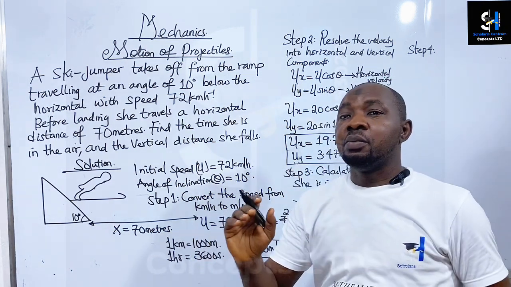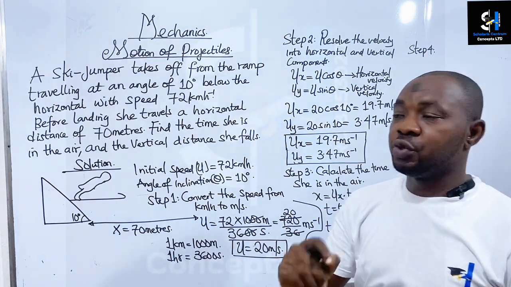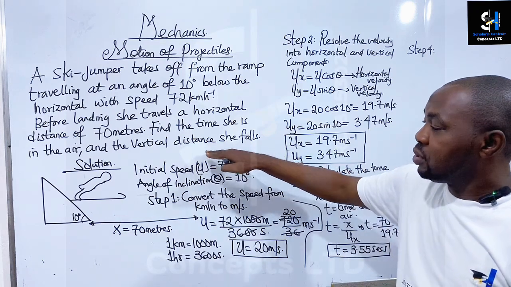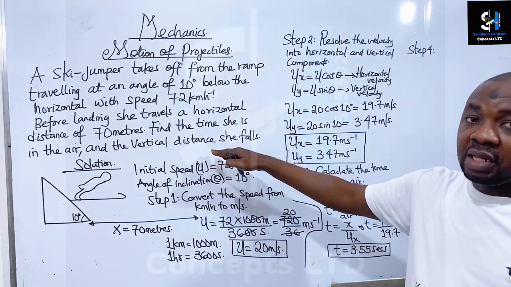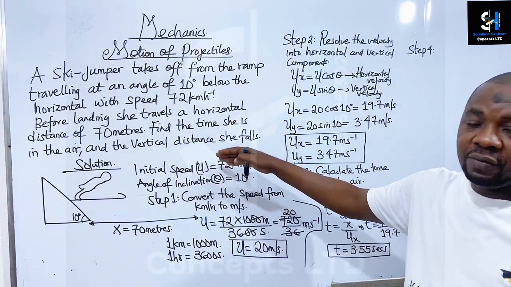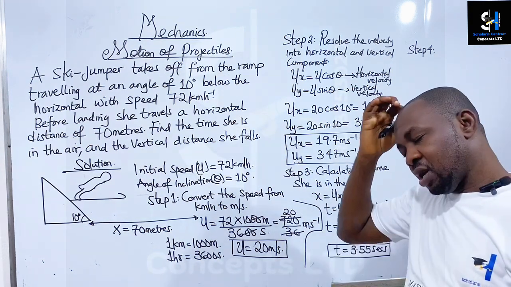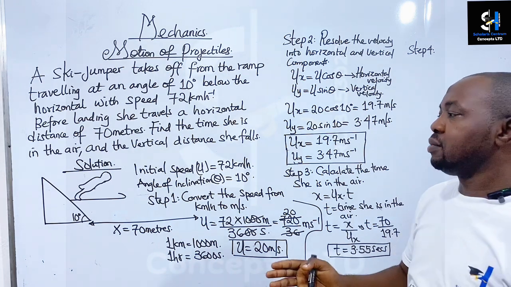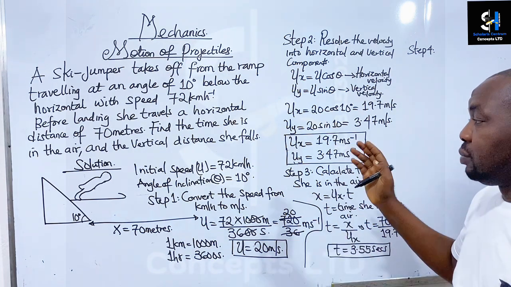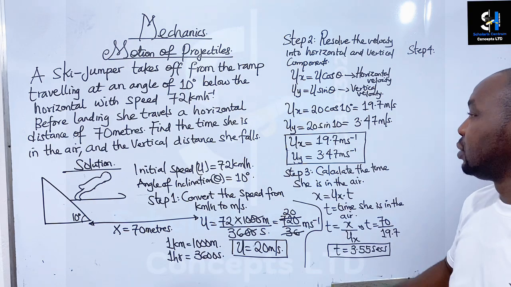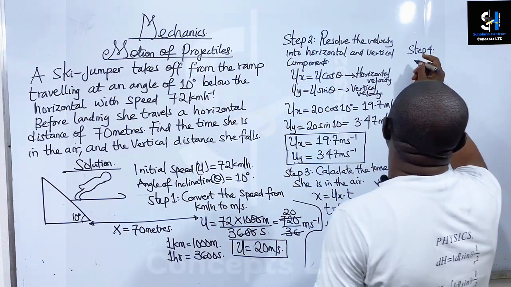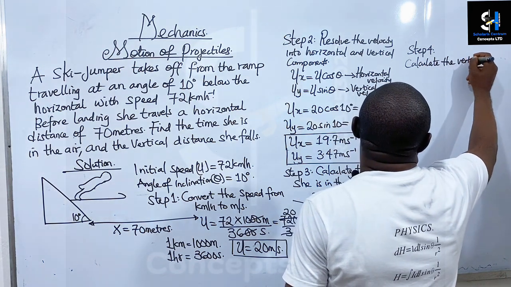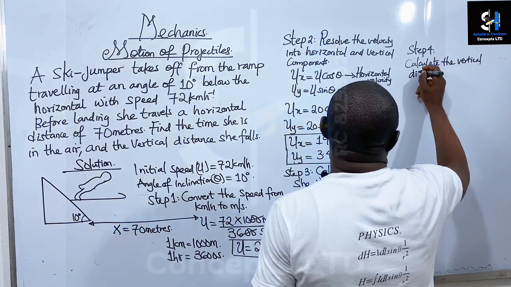But because the solution must be positive, we take the absolute value, neglecting the minus sign, so the positive of that value becomes the vertical distance. So step 4, we want to calculate the vertical distance.